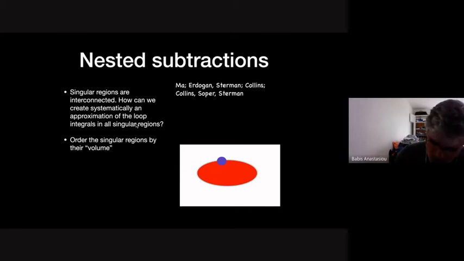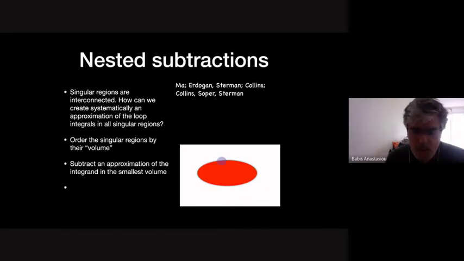So the volume of a collinear singularity is bigger than the volume of a soft singularity in practice. This volume criterion can become very precise, and in the latest proof of factorization theorems, this is made very, very precise. But let's be more intuitive for the purposes of the presentation here.